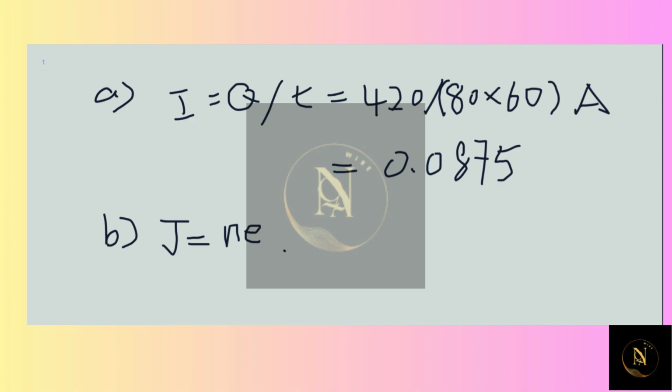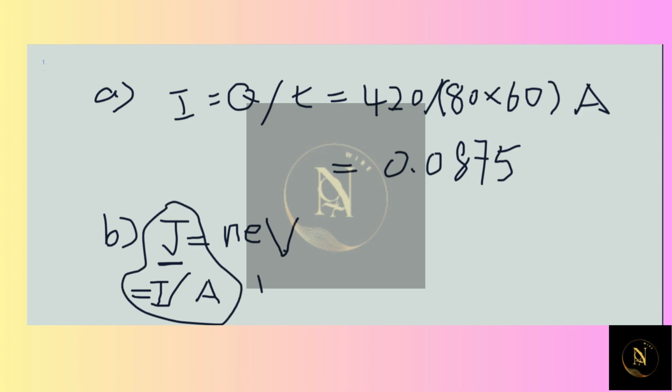So, firstly, we need to know the current density, and it is calculated from the current divided by the area. So, if you calculate this first, you will get the current density.